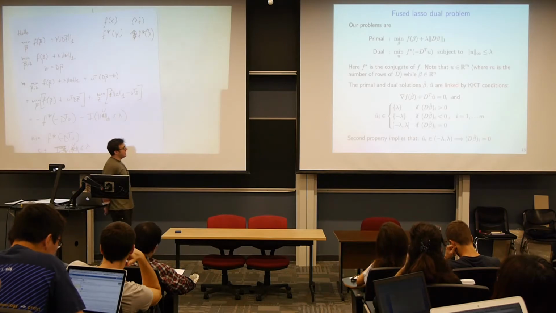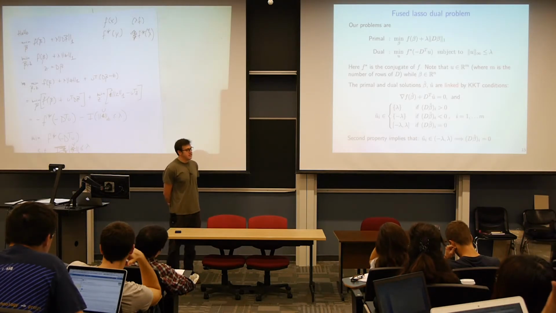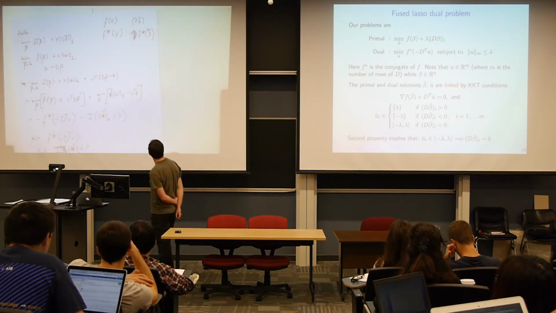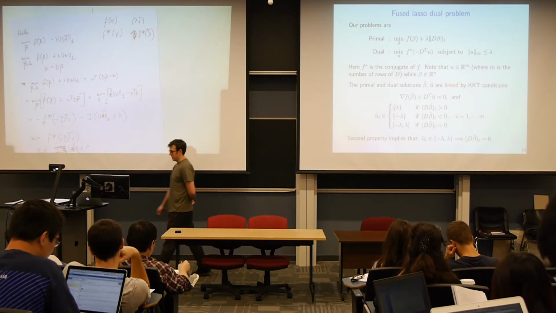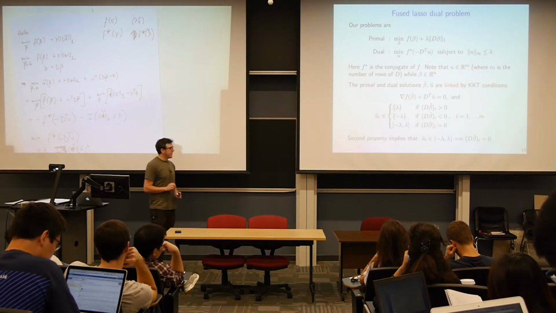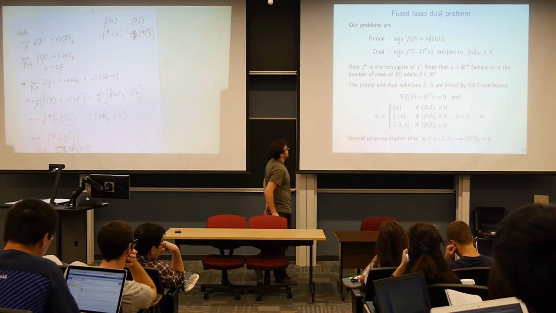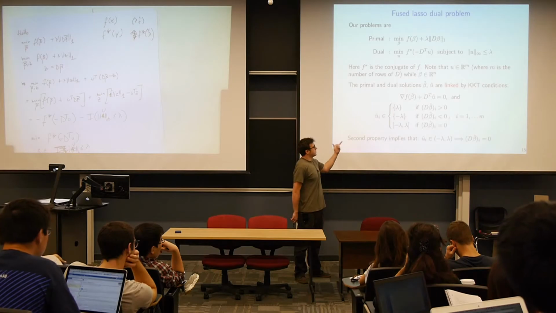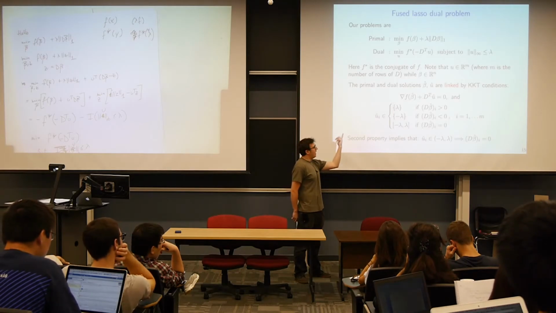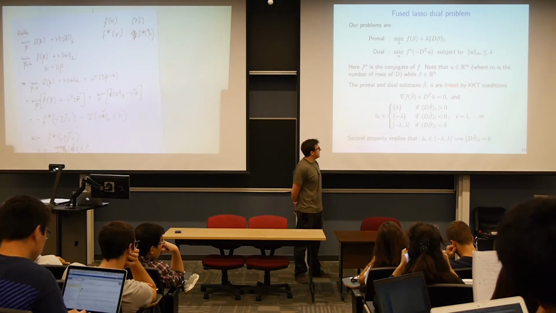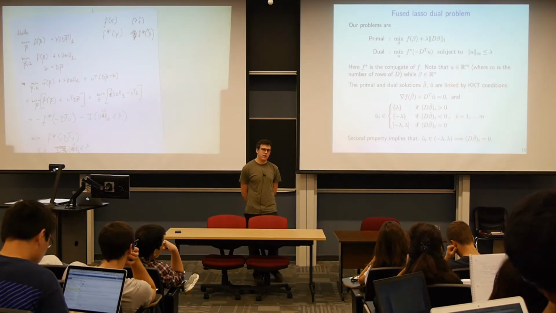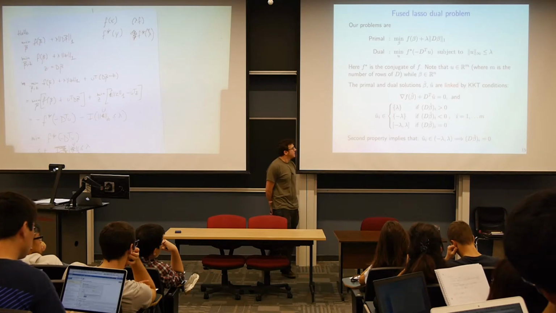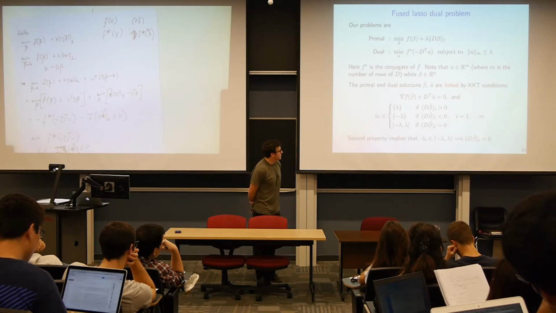All right. And so using the same techniques that we've seen numerous times, we can look at the KKT conditions for this problem. So first of all, if we differentiate the Lagrangian with respect to beta, we have this condition here, which basically gives us how we can recover beta from the dual variable u. So that's useful.